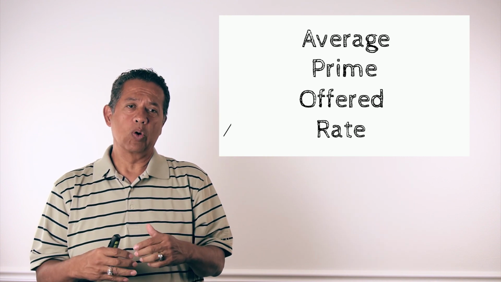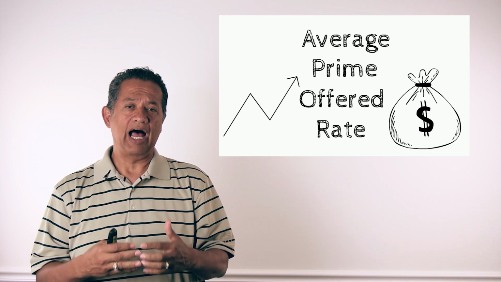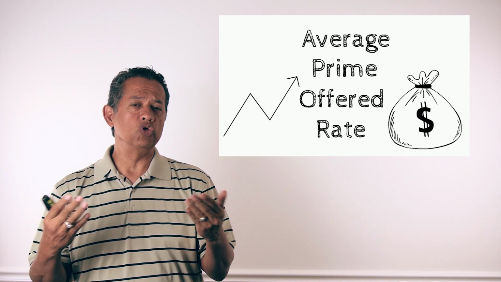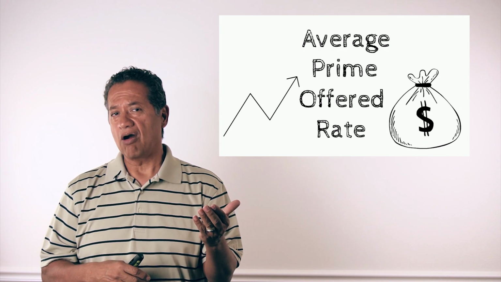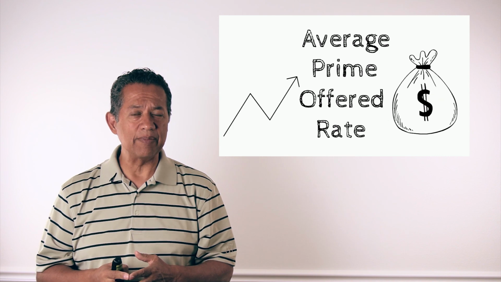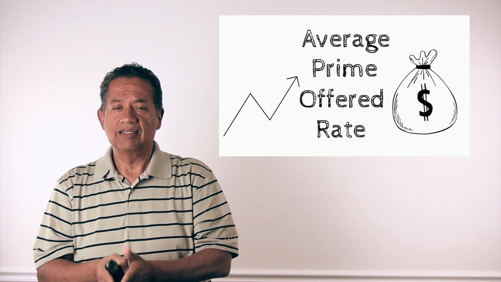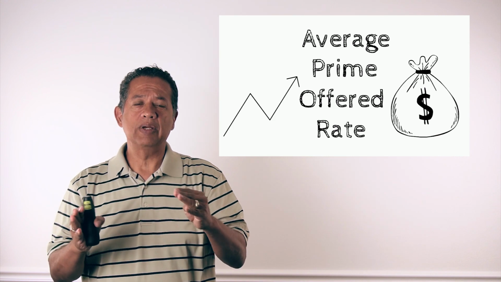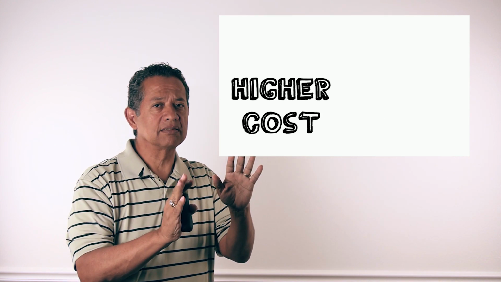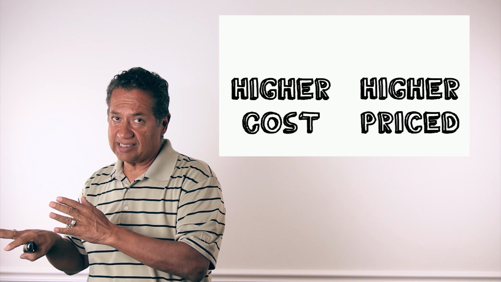So it's more expensive. It's higher priced. Do not think that high cost and high priced are the same. They are not. That's why I'm trying to give you this line of delineation between higher cost and higher priced.